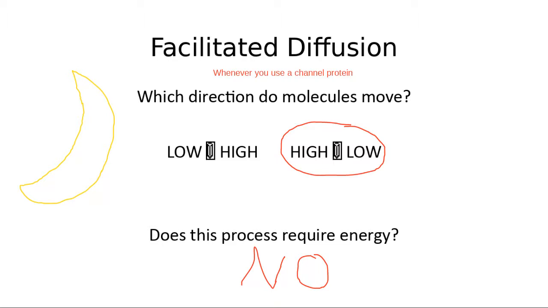All right, we're talking about our salty banana cell, which means I have a lot of what on the inside? What do I have a high concentration of inside my salty banana? Yep, potassium, K+. Lots of potassium inside my cell. What do I have a high concentration of outside?